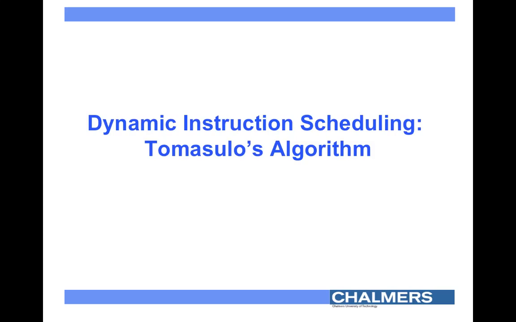Now let's move to dynamic instruction scheduling, and a very important technique which is kind of challenging to understand, and it's known as Tomasulo's algorithm. It actually is an old technique, but is still doing well.